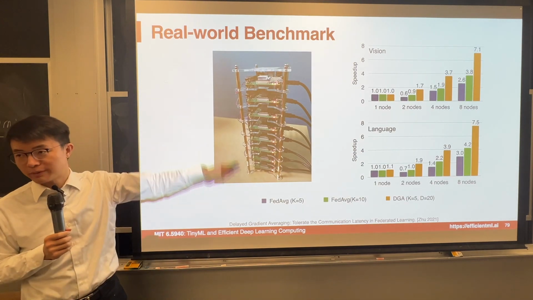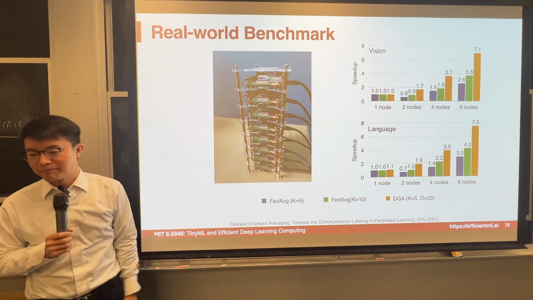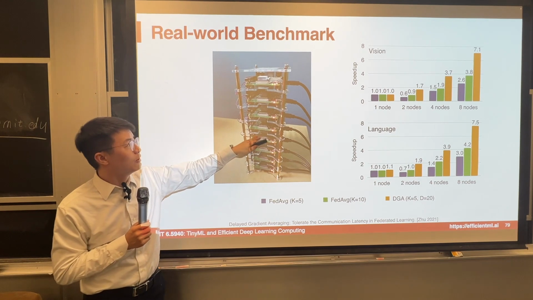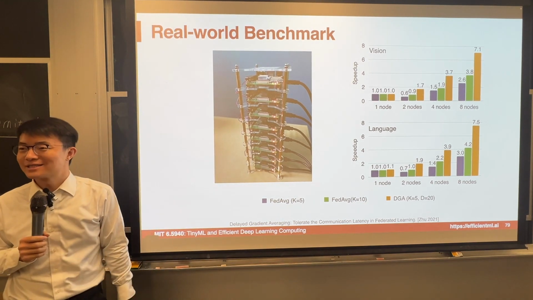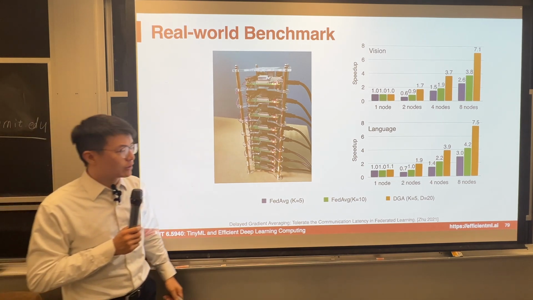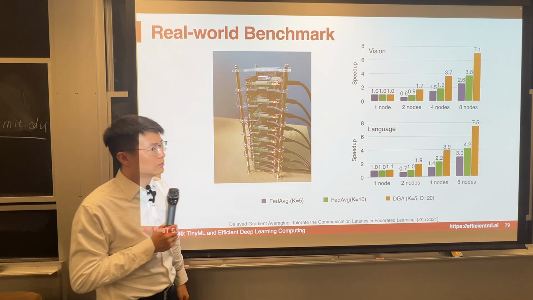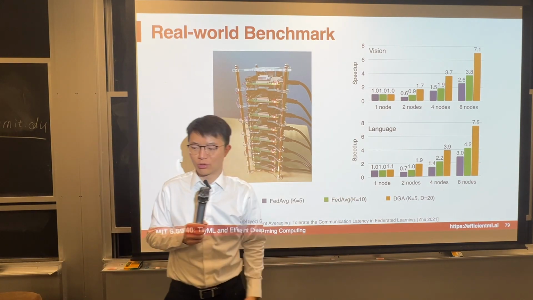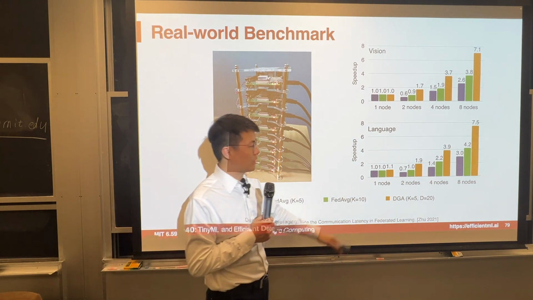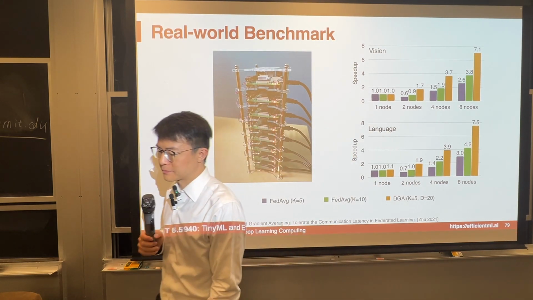So this is a real world benchmark on a tower of Raspberry Pi. So here we have 1, 2, 3, 4. We have 8 Raspberry Pis. We stack them together. Certainly we don't have high speed networking, but we can still perform on-device distributed training or federated learning. We tested scalability from 1 node to 8 nodes.